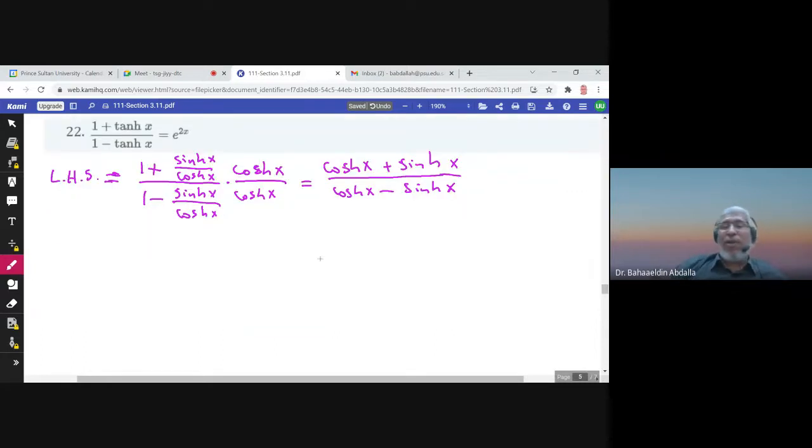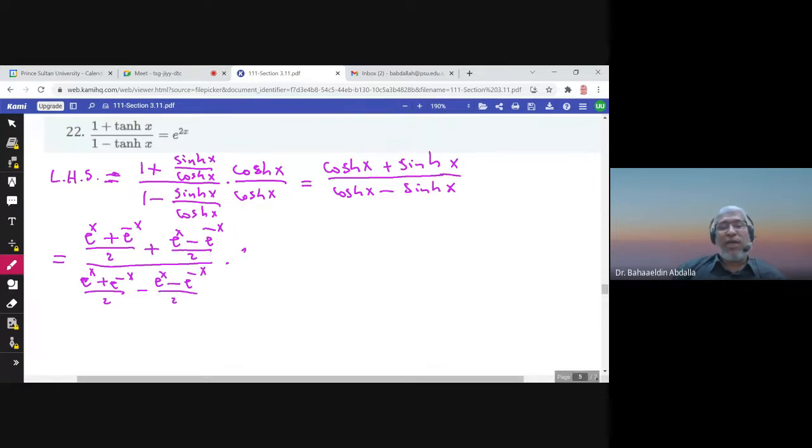And now I can write the definition. The definition of cosh is e to the power x plus e to the power negative x over 2, and here the same with a minus sign. And now to get rid of the numerators, I can multiply by 2 over 2.